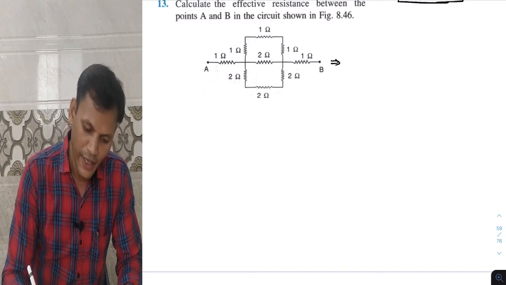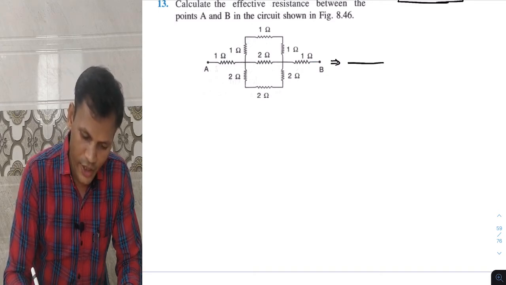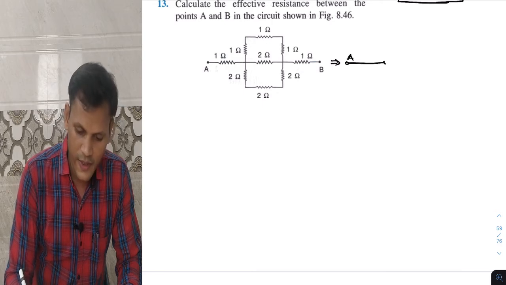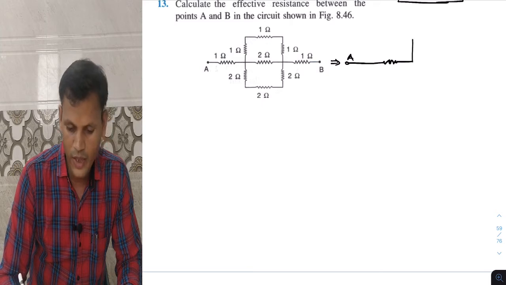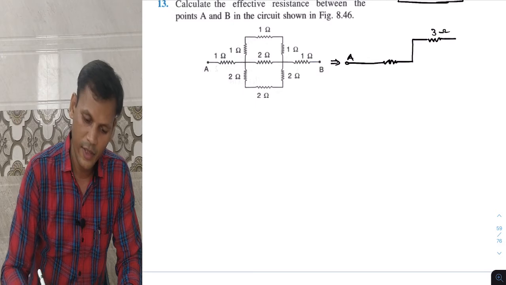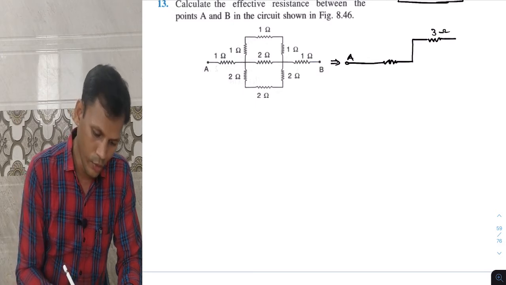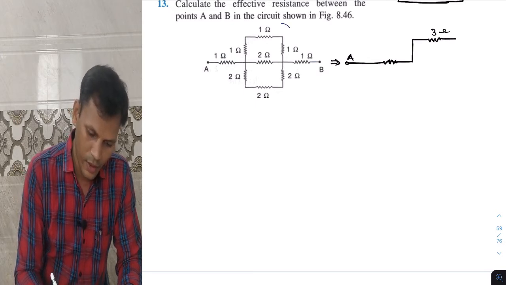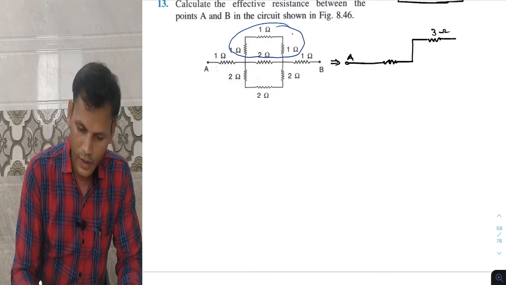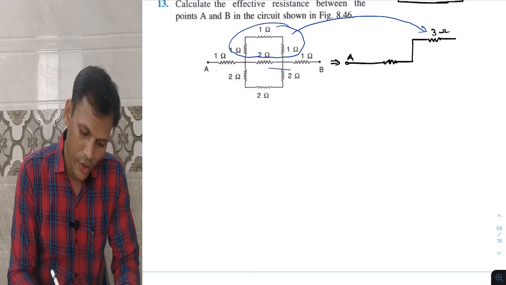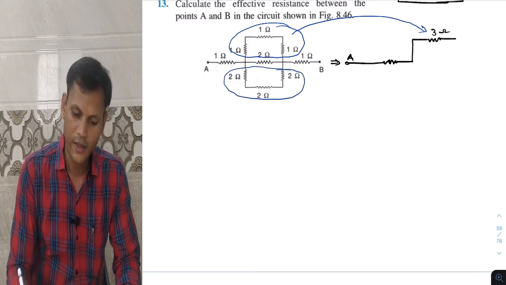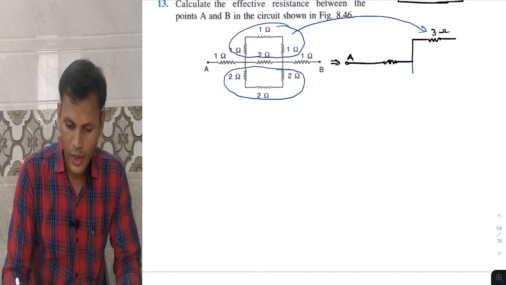So this diagram can be broken like this: point is A, one resistance is here, and this part is now 1 plus 1 plus 1, that becomes 3 ohm. This part is here as 3 ohm, and same way this part is also 3 ohm, 6. So 2 plus 2 plus 2, that we can write as 6 ohm.